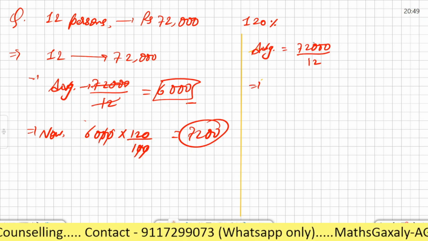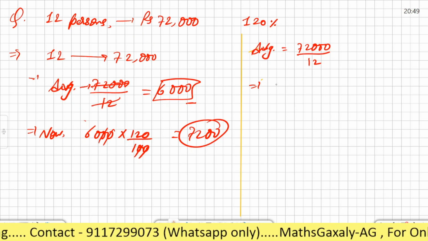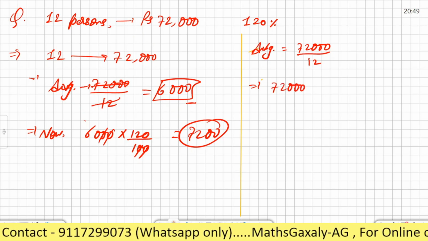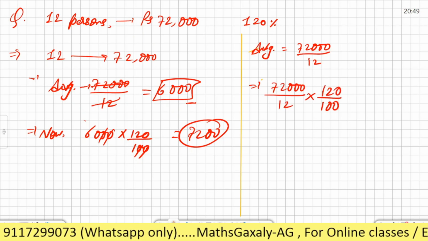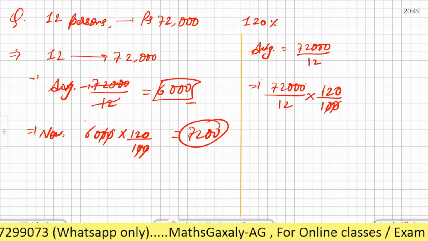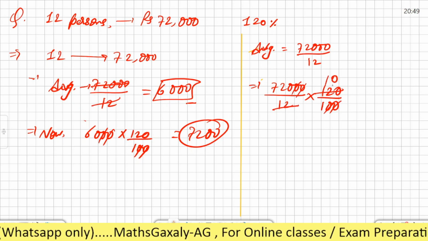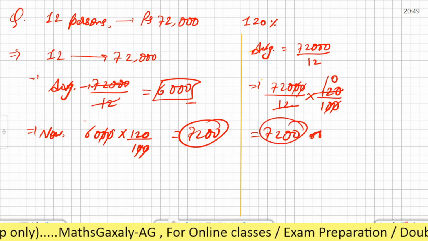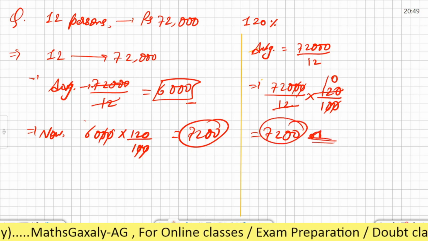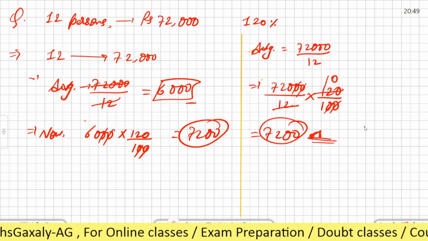This is the average income, and we have to find the 120% of this. So we can directly do it. Instead of solving this one first, we can directly find the 120% of this one. So here you will save time. So it will be 7200. That's all. Is it clear? So you can note down this second method.